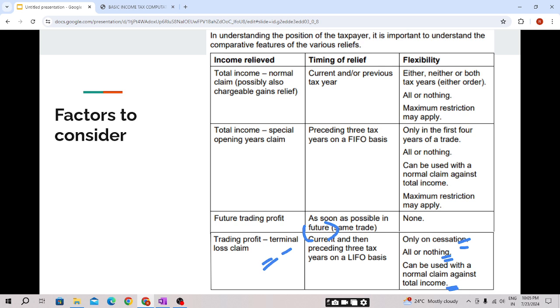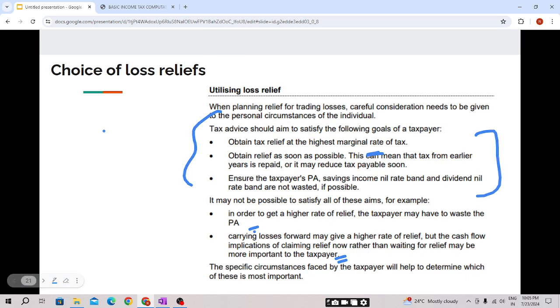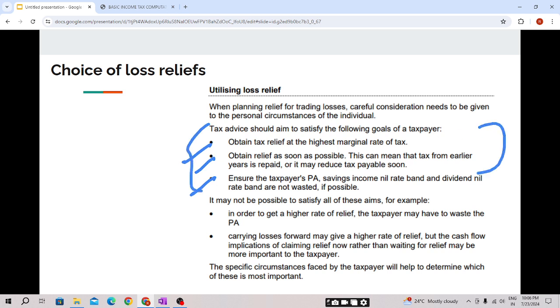So students, we have already studied the types of reliefs, and now we are seeing the factors which we need to consider. If an individual is paying a higher tax rate in that year, first we need to claim in that year, then as soon as possible, then the PA. We can't justify all these three under a single head.